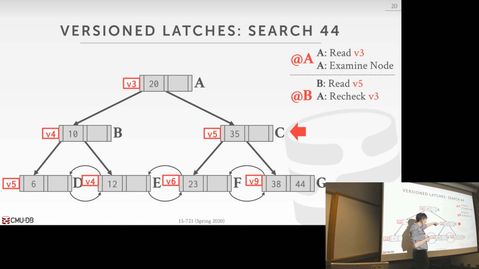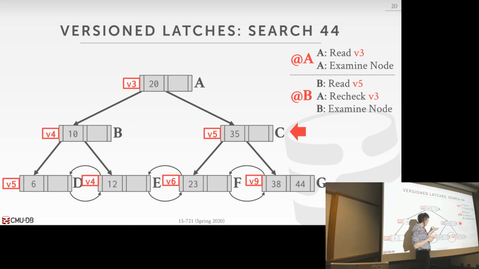Yes, on C. Then someone will modify this, or again you will come down, you will see the same thing? No, so I think you're saying, let's go through the example and we'll come back to it. But I think if you modify this guy, you don't have to modify this guy, unless you did a split or merge that caused this thing to get changed.